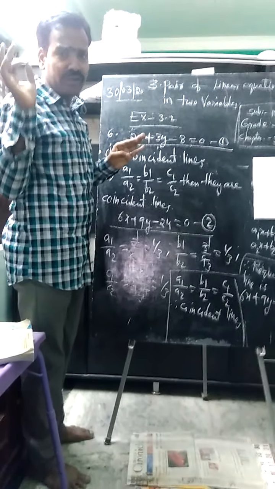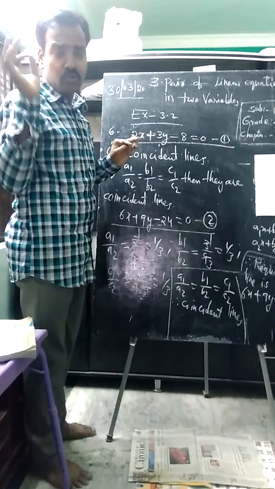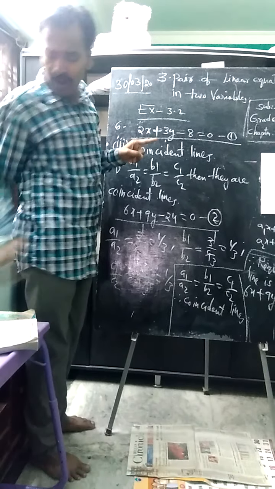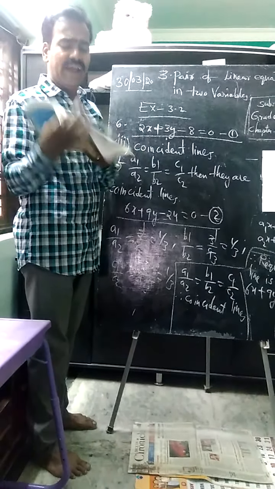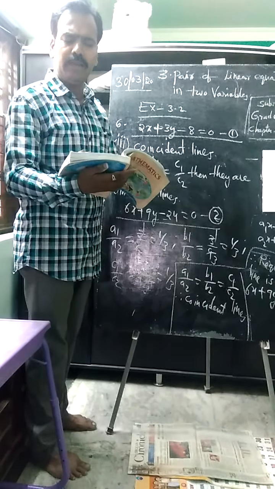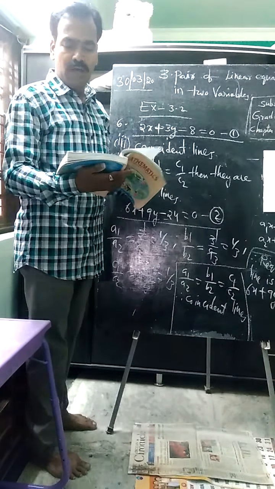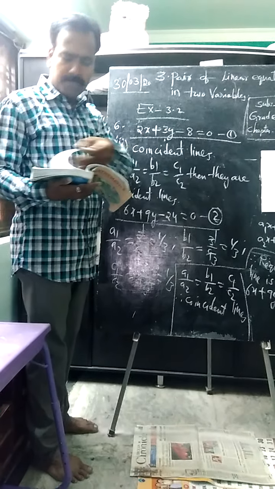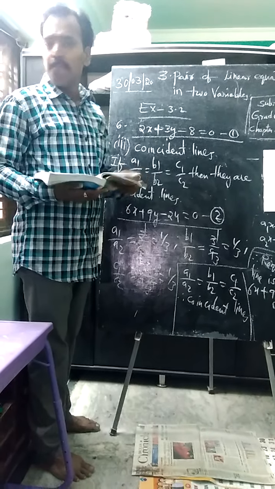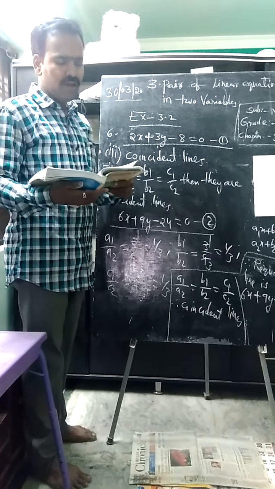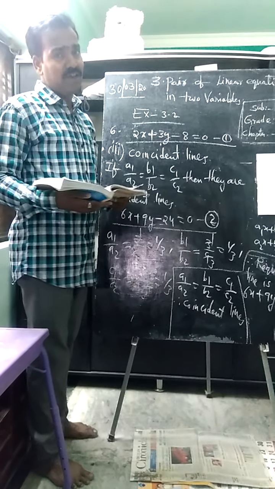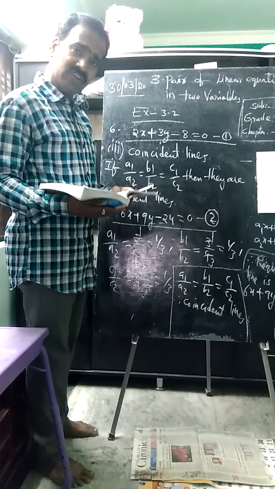One thing I am saying, students: do the home assignment on the backside of your classwork and thoroughly complete this classwork. It is useful for you to get more knowledge by studying the key points up to page number 50, up to exercise 3.2. You complete it. We'll discuss some more concepts, which are algebraic methods of solving pair of linear equations in two variables, from the next class.